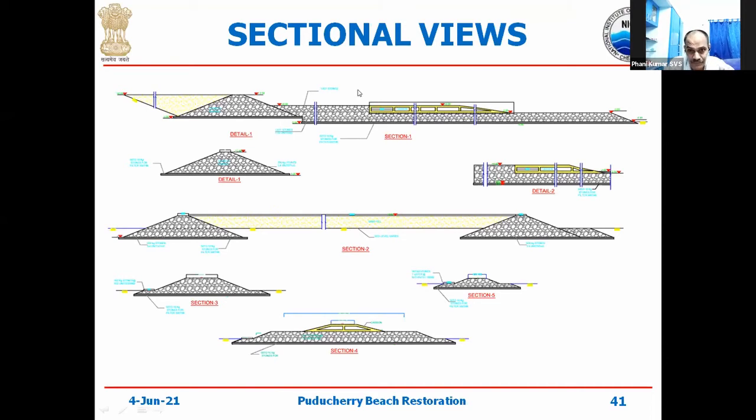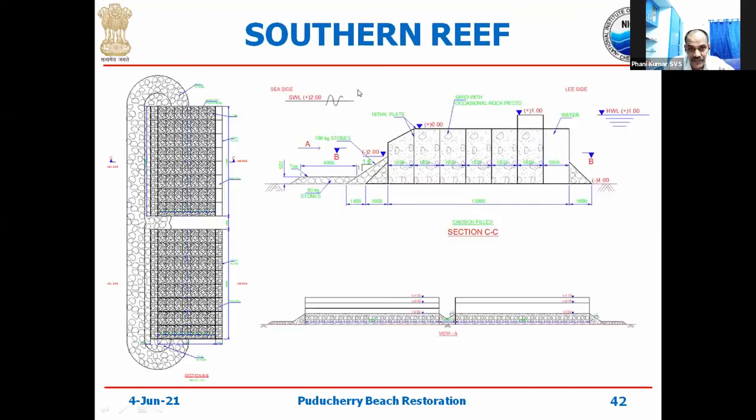Next slide, please. This is the detail for the submerged breakwater, which forms the next part of the project. As I was telling, it is somewhere around a 50-meter long structure with a separation of about 20 to 30 meters between the structures. Next slide.